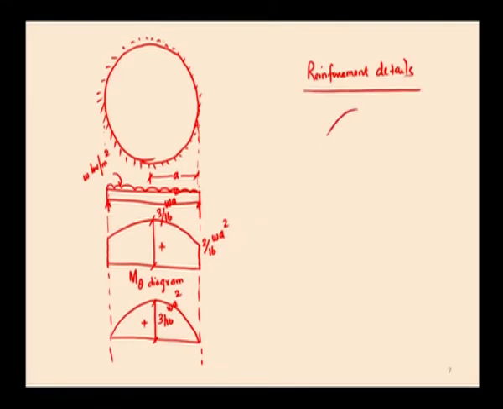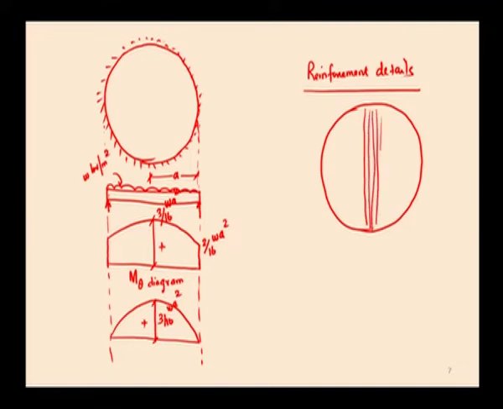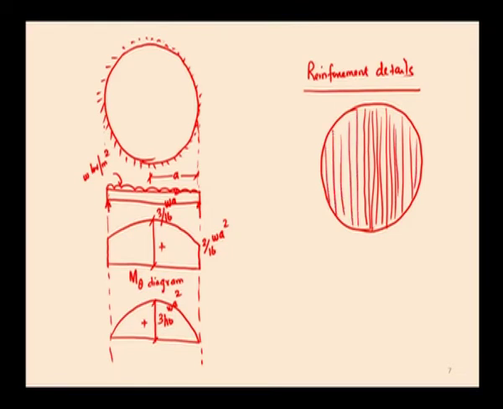This is the circular slab. In order to resist this moment, the reinforcement should be placed along both directions, in order to resist the bending moment of 3 by 16 W A square.